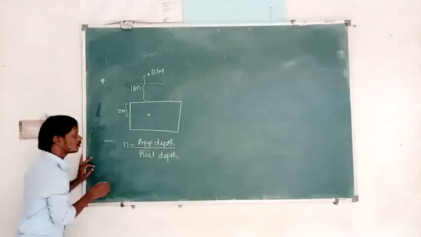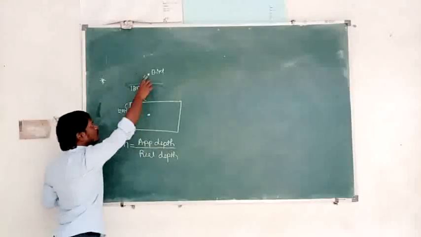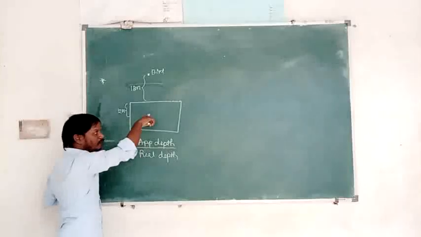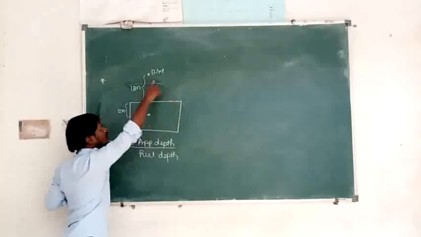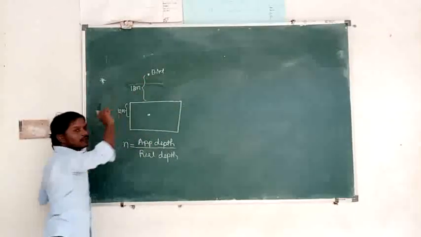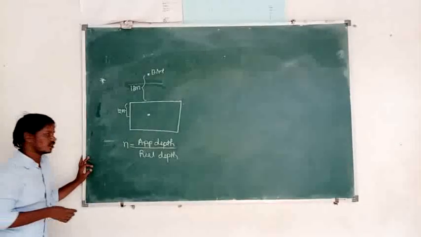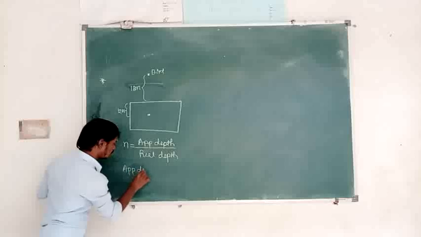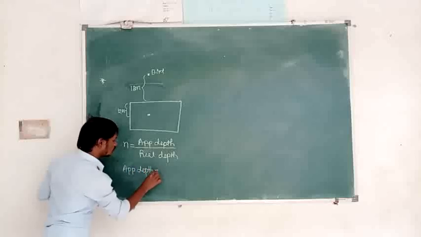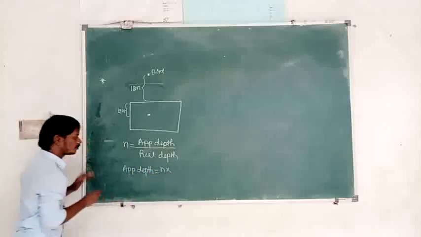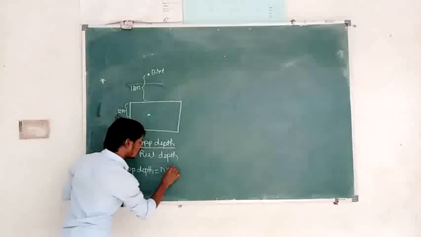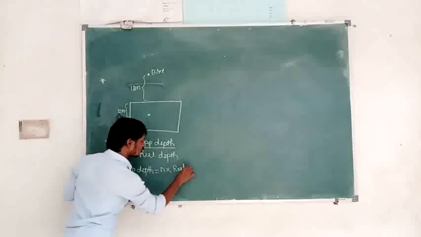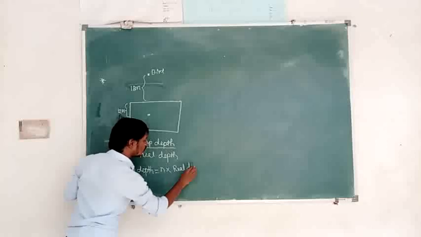Now what do we have to find out? We have to find the distance of the bird from the surface of water as seen by the swimmer, which means the apparent depth of the bird. So apparent depth is equal to n into real depth. What is the refractive index of water given here?